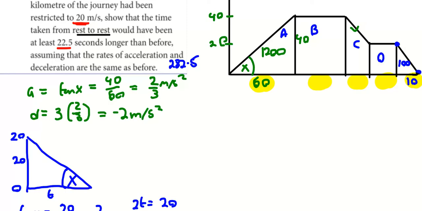Now, what's the next time we can find? I think we can find out C pretty quickly as well. How would you find out C? You could use the equation of motion if you want. u equals 40, v equals 20, acceleration is minus 2. Find the T value.